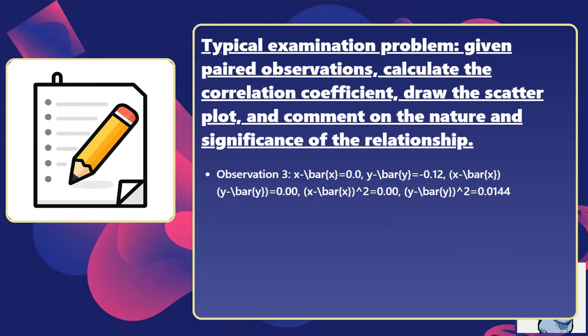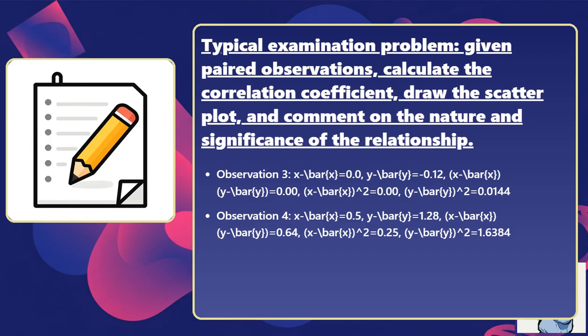Observation 3. X minus x bar equals 0, y minus y bar equals minus 0.12, their product equals 0, x deviation squared equals 0, y deviation squared equals 0.0144. Observation 4.